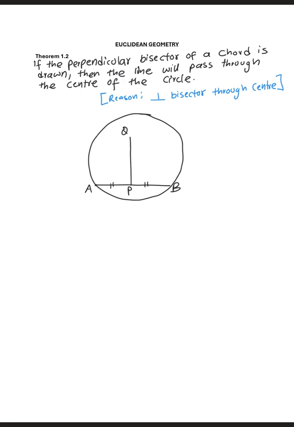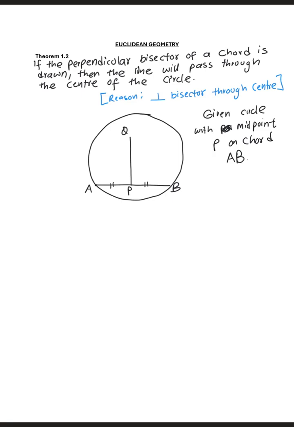This is what we start with. We are given a circle with midpoint P on chord AB.